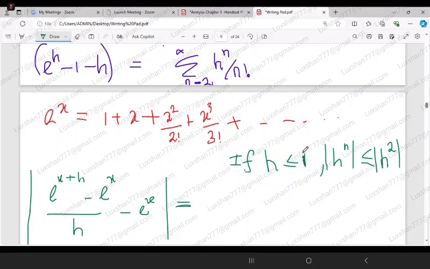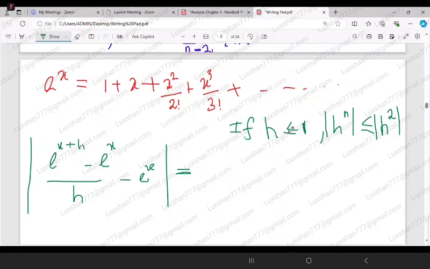You can test for any number, because h is less than or equal to 1. Always h to the power n is less than or equal to h squared for n equal to 2, 3, and so on.